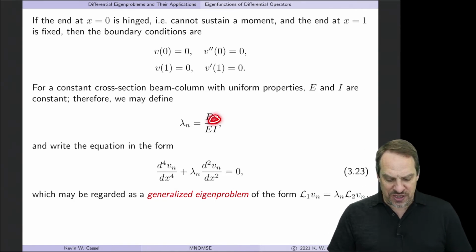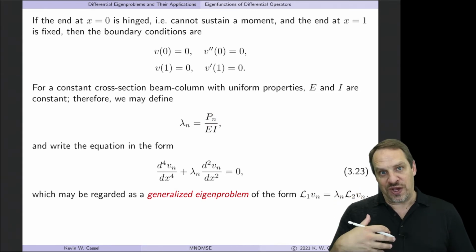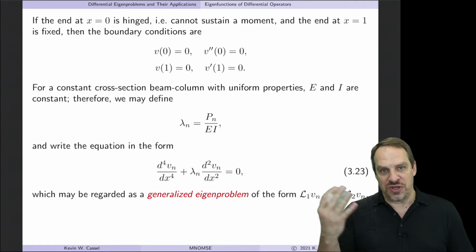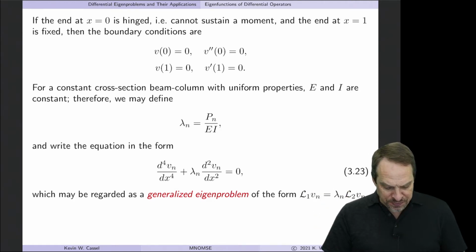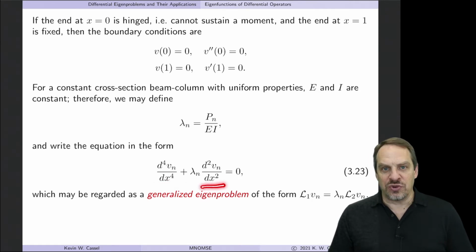Now the subscript n implies that there are many, in fact infinite numbers of values of P, which will do something interesting, in this case, buckle. So when we substitute that into our fourth order equation, this is what we have: the fourth derivative of the lateral displacement V plus lambda times the second order derivative of V is equal to 0.